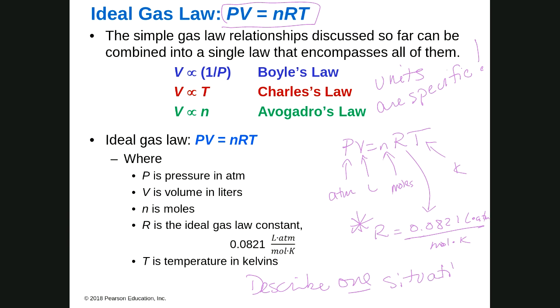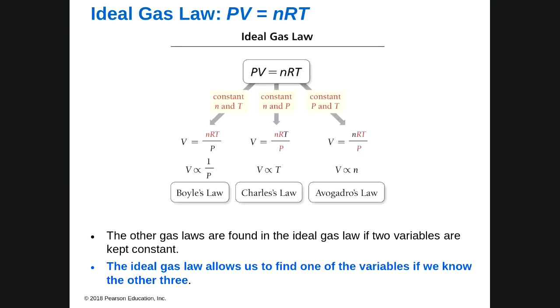It's not changing the volume or the temperature or the pressure or anything. It's describing one situation, okay? And so if you're not changing anything, then you know you're going to use the ideal gas law. And you can use one of those two, combined or ideal, to work any of these problems. And this is just showing you how they came up with it, and they did use the 3 simple laws in order to come up with that.